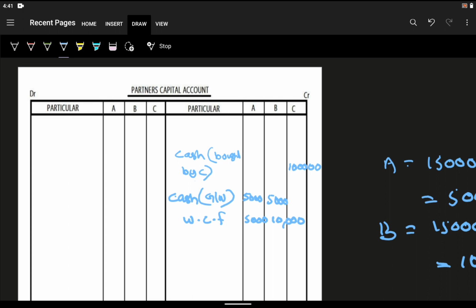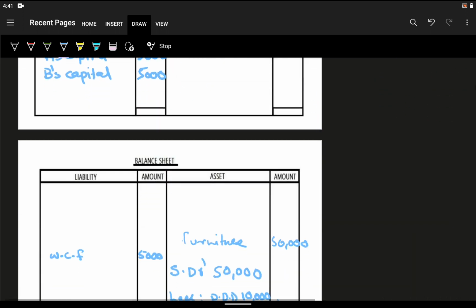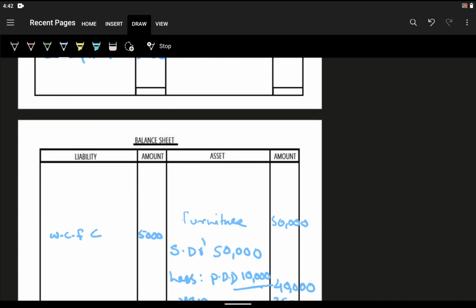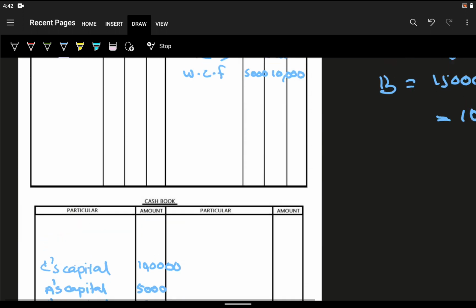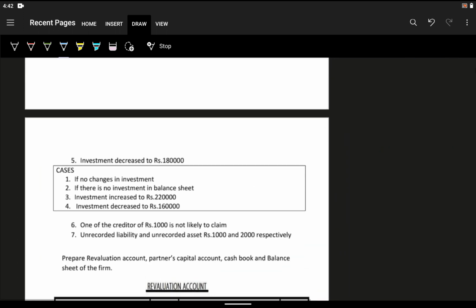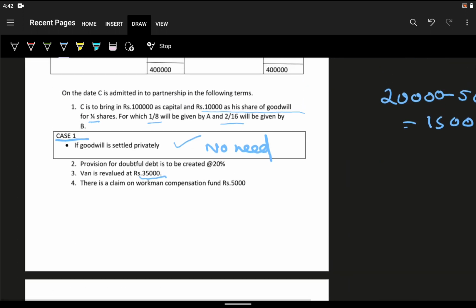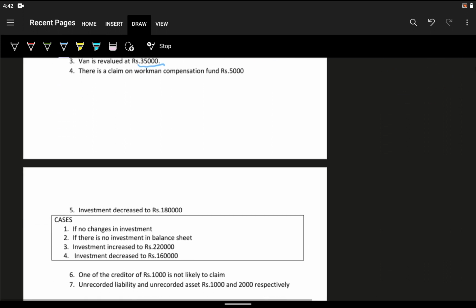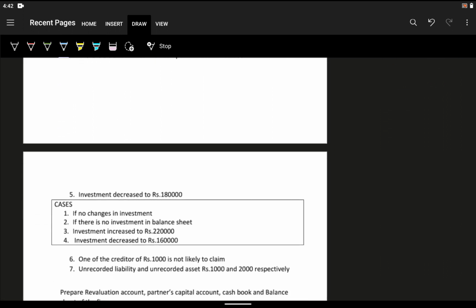The claimed amount you can keep in the new balance sheet as a workman compensation fund claim. You can write claim also, claim 5,000 in the new balance sheet. Okay, now we can go to the next adjustment. What is the next adjustment? Okay, claim we finished. Investment to decrease 1,80,000.